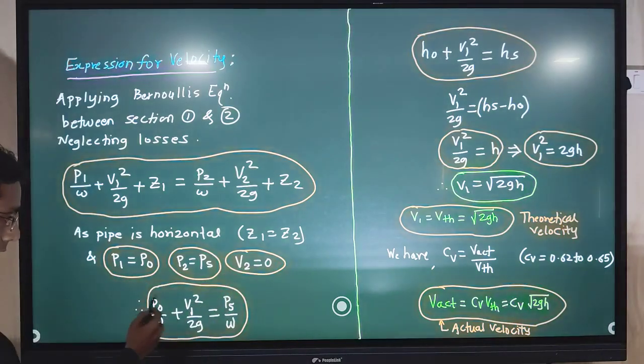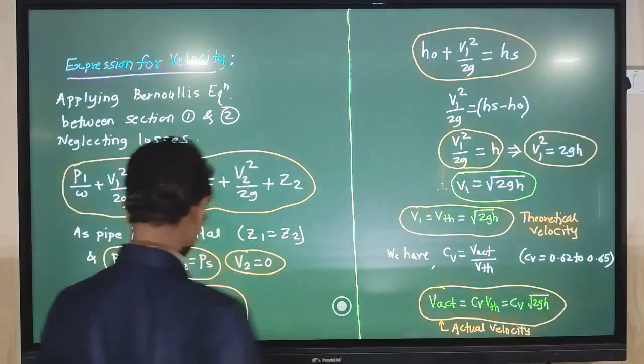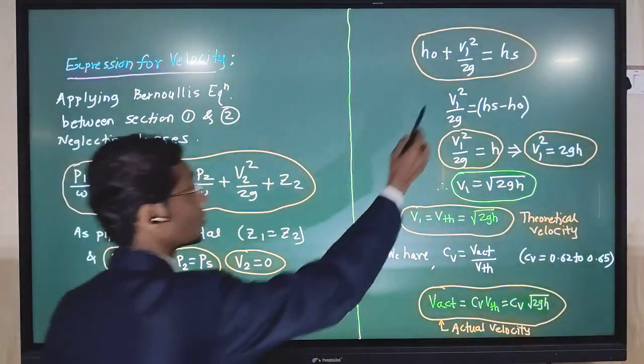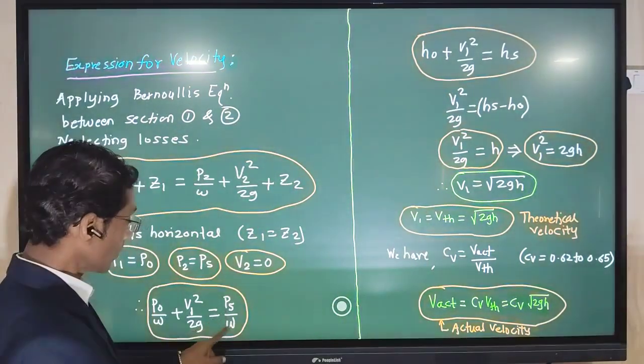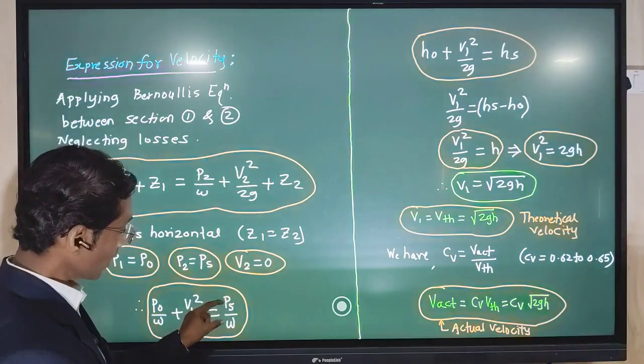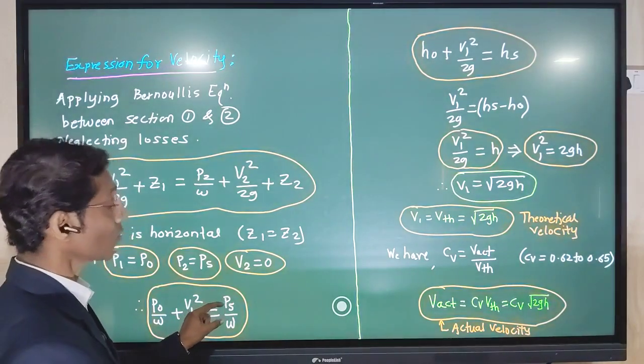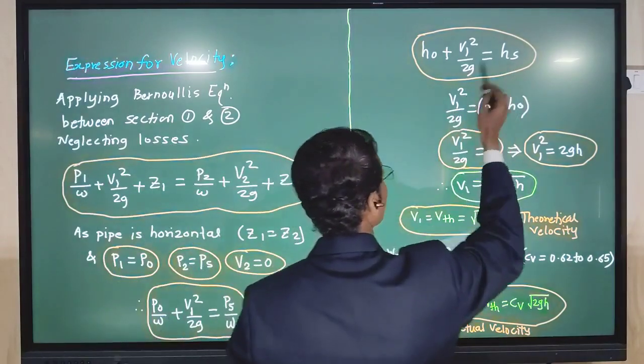Now this equation we write in the form of head. By the definition, PO by W is the pressure head at static point, that is HO, plus V1 square by 2G. And PS by W, the stagnation pressure head, we write as HS.